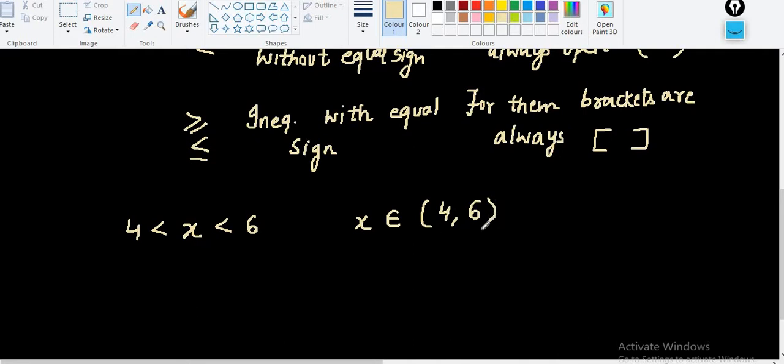Here we are using open brackets because there is no equal sign with inequality. But if I have given this with an equal sign, then I will write x belongs to [4, 6] with a closed bracket.